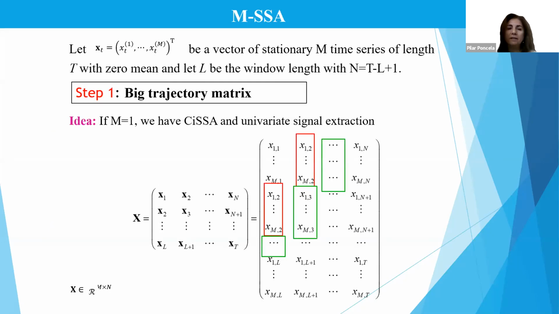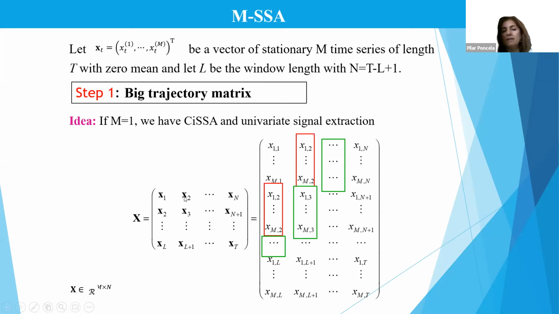Okay, so first step, build a trajectory matrix. So we have capital M time series, and we put our time series into a matrix by selecting window length L and putting just the first L data points of our time series there.